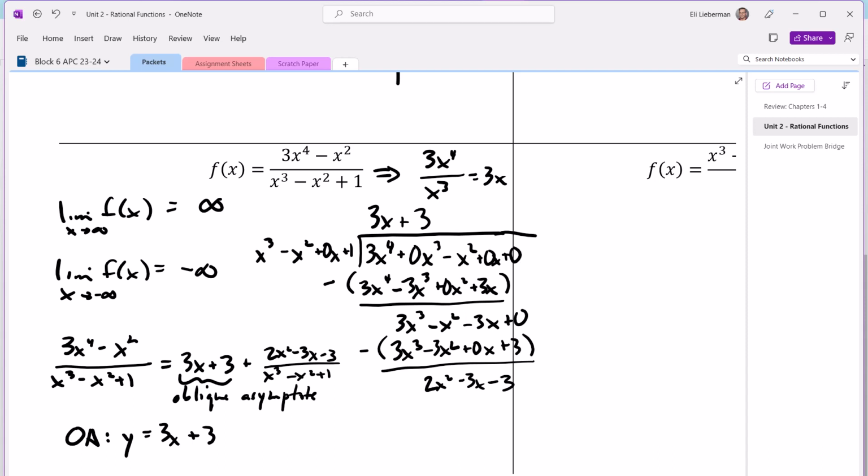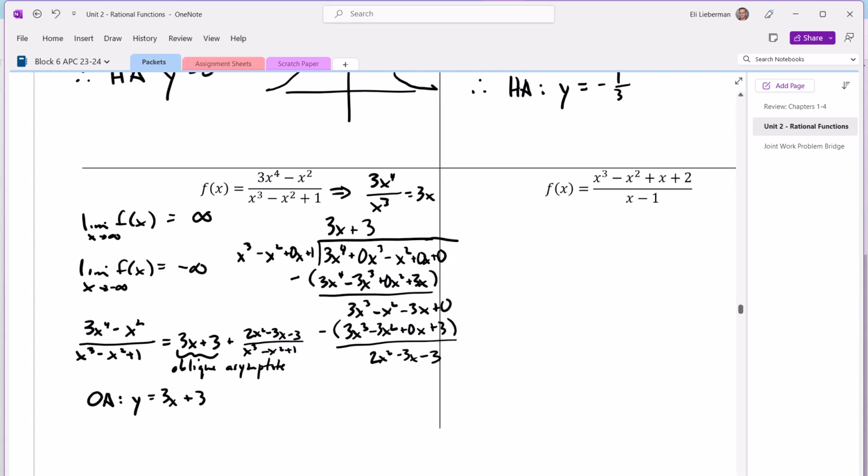If the top were heavier by 2 degrees, you would have a parabolic asymptote. That's out of the scope of this class, really, but it is a thing. In fact, if you look at the next problem, you'll see a parabolic asymptote.